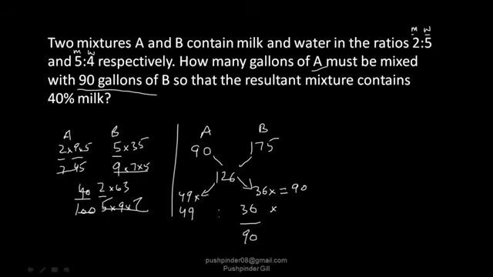That means x is equal to 90 by 36 gallons, and I just have to calculate how much is 49x, which is 49 times 90 by 36. If I cut this by 4, cut this by 9, and cut this by 9, I get my answer to be 490 by 4, which is nothing but 122.5.